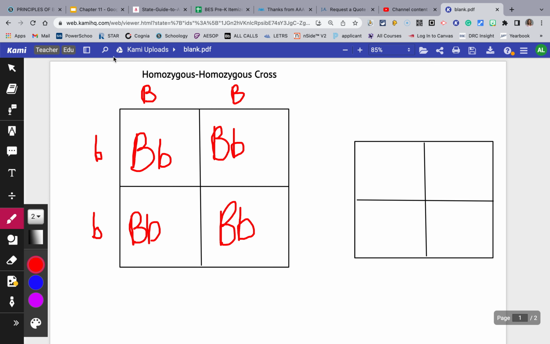Every time, every cross of every gene, no matter how you do it for these two people, they're all the same phenotype. I can ask a million questions from this. I can say, what's the phenotype of this child? What are the chances this child is going to have brown eyes? 100%. There's no other way. There's a 100% chance.